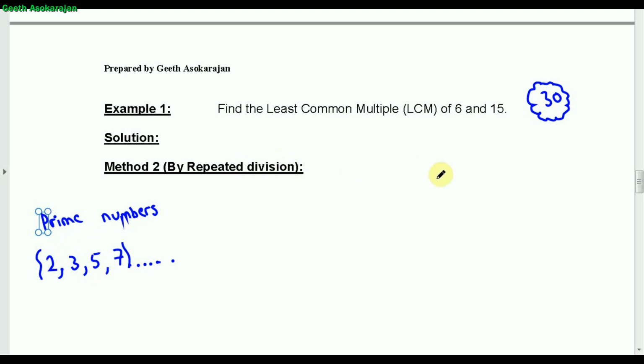The idea being, we need to work out the LCM of 6 and 15. So write the 6 and 15, and first try to divide by 2. We need to check whether both of these numbers can be divided by 2, giving no remainder. That's the most important point.